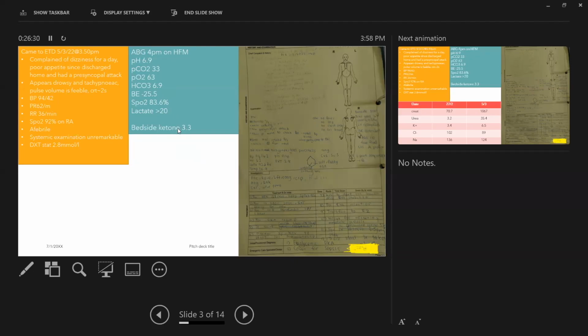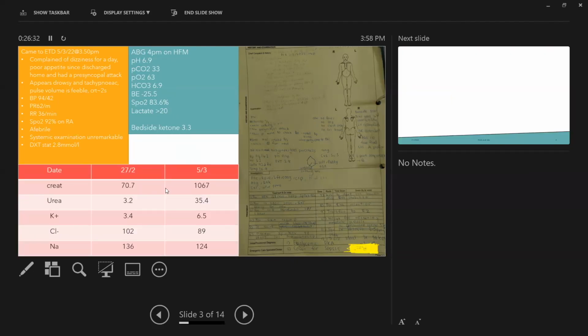Bedside ketone is 33. Then let's look at the blood works. The immediate ones usually take about 30 to 40 minutes, but somehow when I received the referral, everything was laid on the table for me already. She was admitted at the end of February with a normal RP, creatinine of 70.